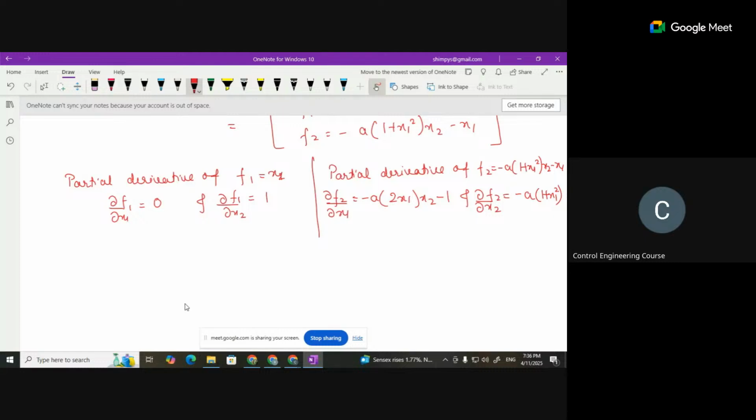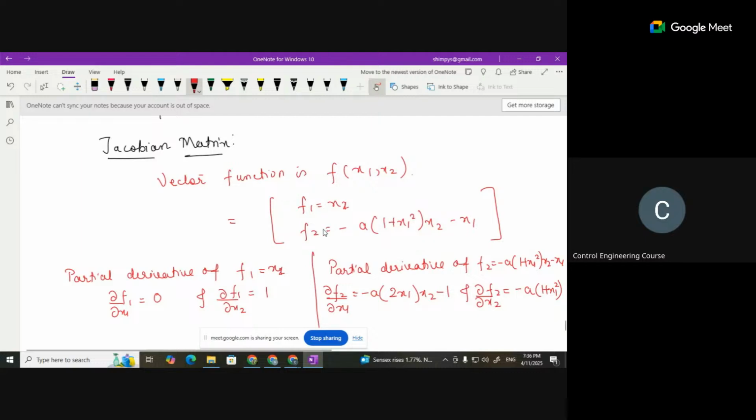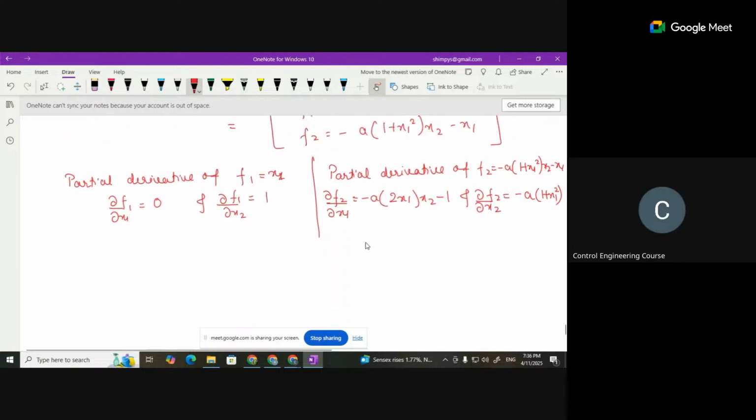So now the equilibrium point which we have obtained is 0, 0. Let us find these derivatives at the equilibrium point, x1, x2 equal to 0, 0. Here we have to see del f2 by del x1. How much will it come out to be?